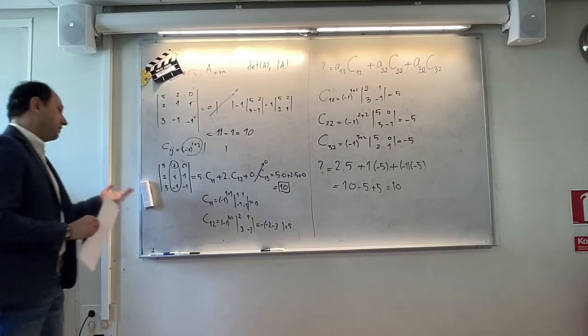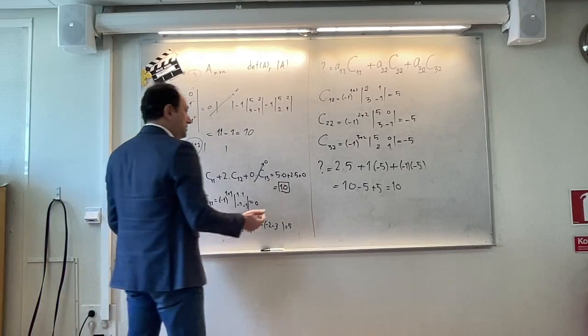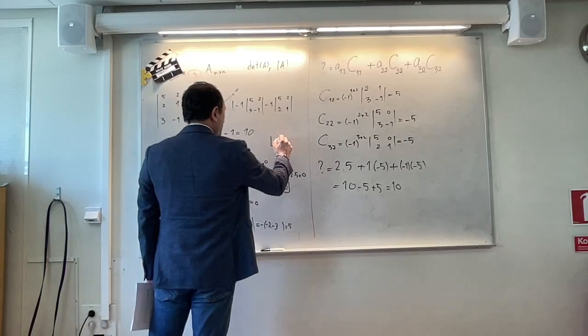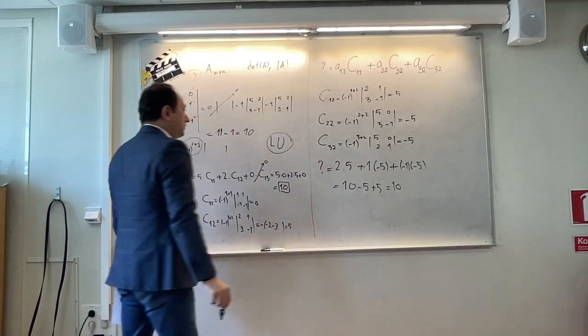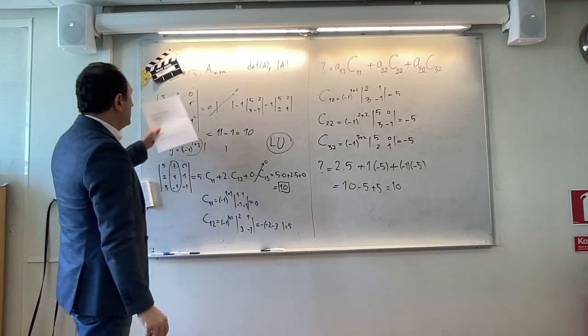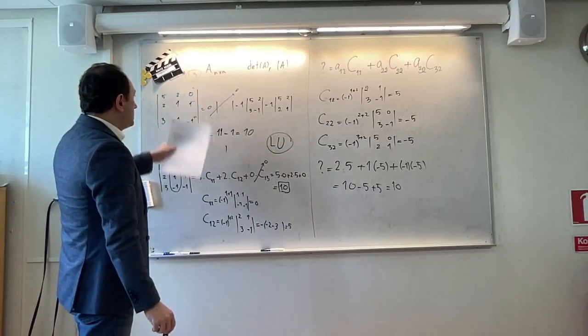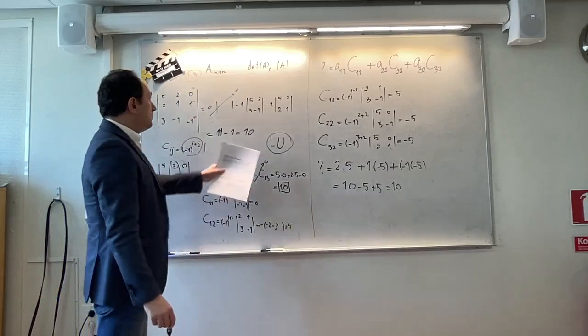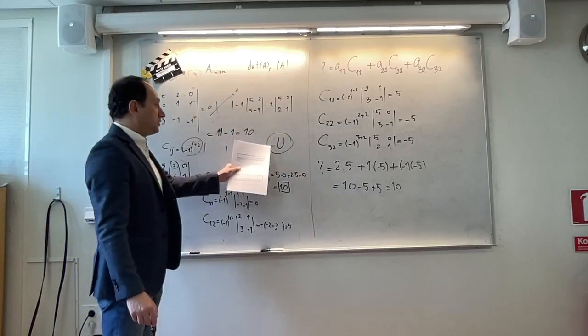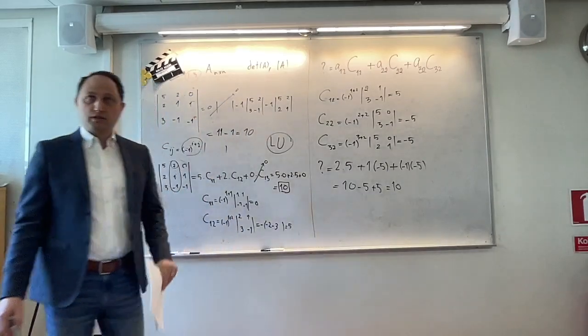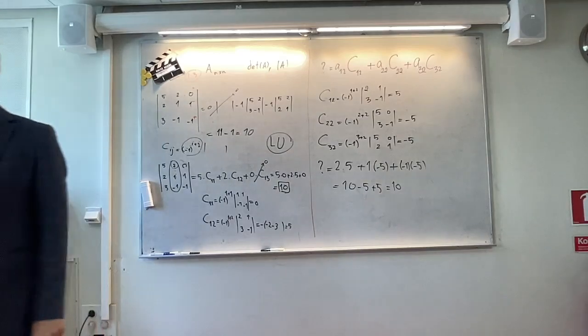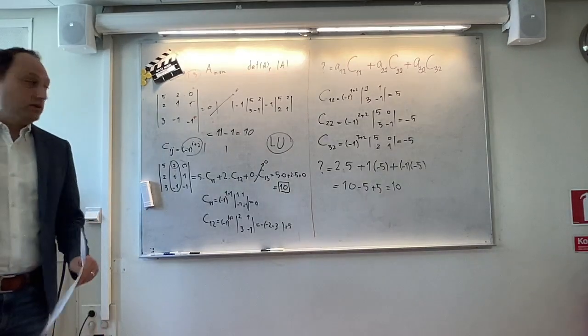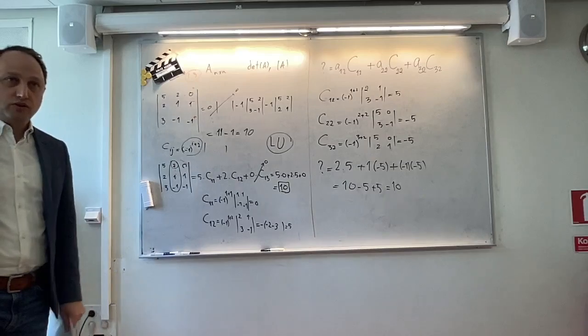So the method that the applications use to do this is LU factorization of a matrix. So if I give you an n by n matrix, you can always write that matrix as a product of a lower triangular matrix and an upper triangular matrix. But calculating the determinants of triangular matrices is extremely simple.